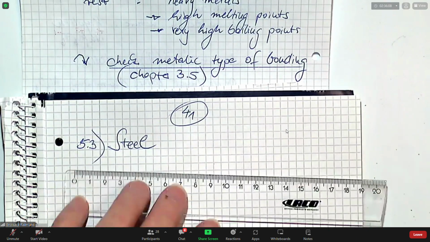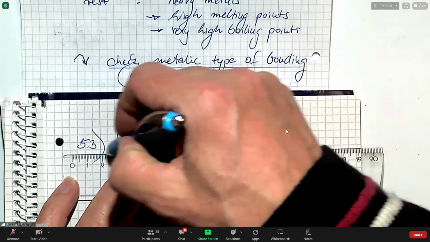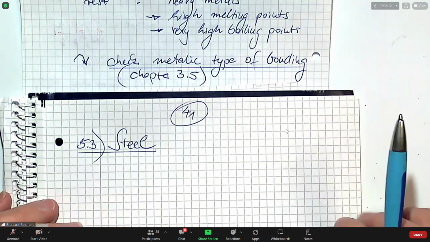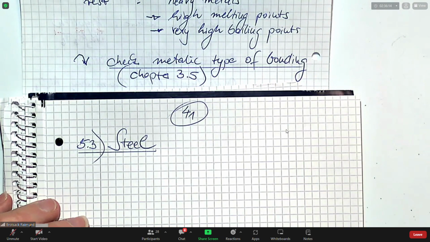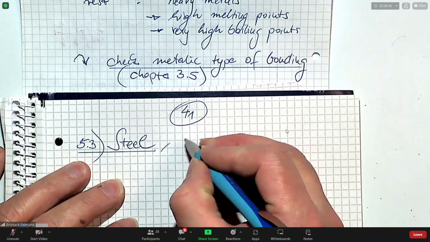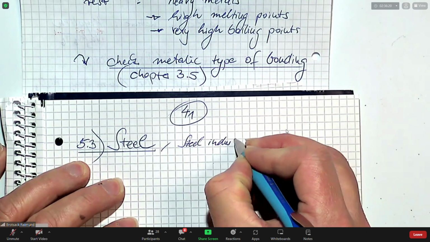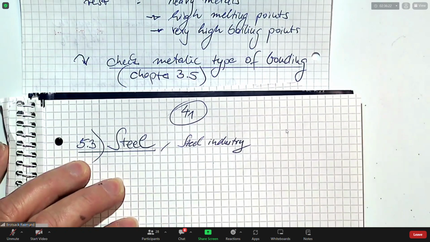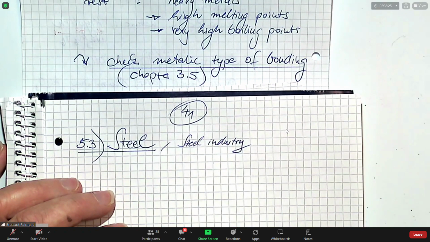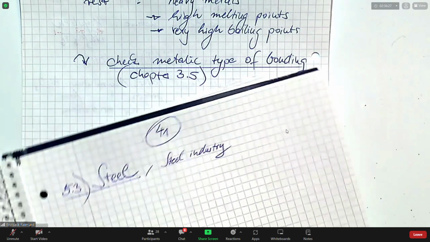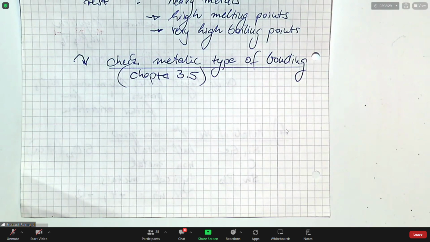Steel is one of the most important metals in industry, in the steel industry. So what we find in nature is not elementary iron. Why not? It is ignoble. It's not very noble.